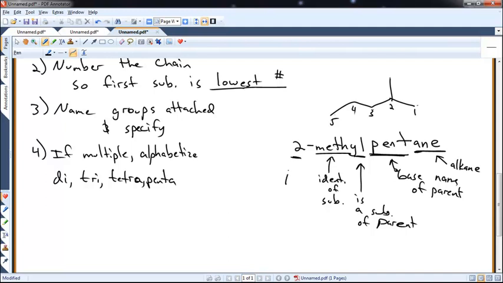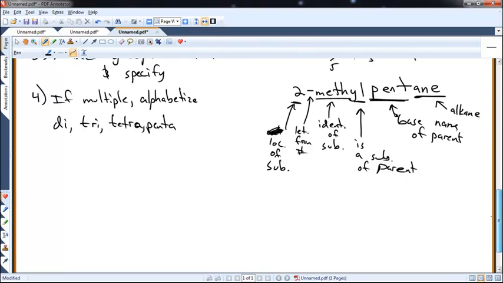The 2 says where the methyl comes from, I'll say location of the substituent. And the hyphen separates letters from numbers. So every part of the name has meaning, and it's very specific, and there's no redundancy. That's a nice simple one.